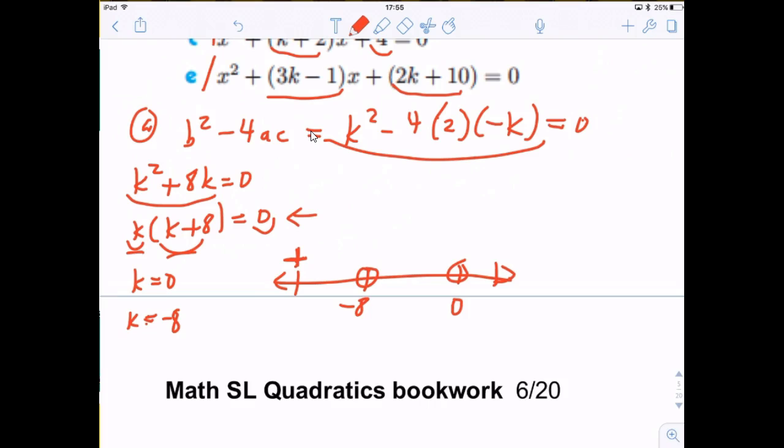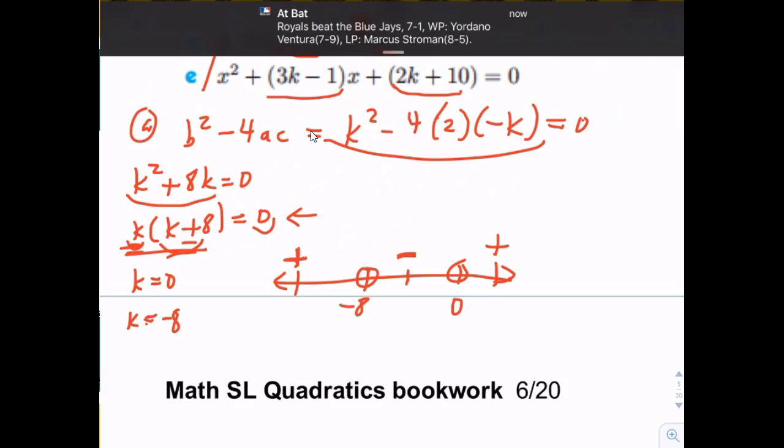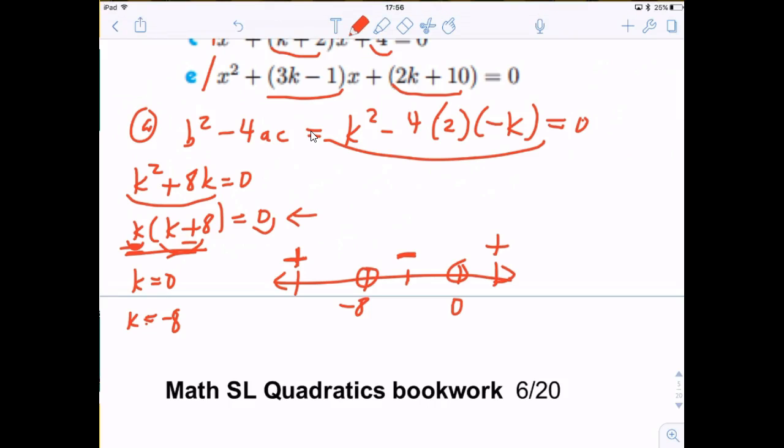If I put positive 100 in this here, I'm going to get positive 100 times 108, and that will give me a big positive number too. And then I'm going to take a small negative number like -4 that's in between these two, and that will give me -4 times positive 4, which is a negative number, which is that. So the sign diagram has negative in between -8 and 0, has positive less than -8, and has positive greater than 0.